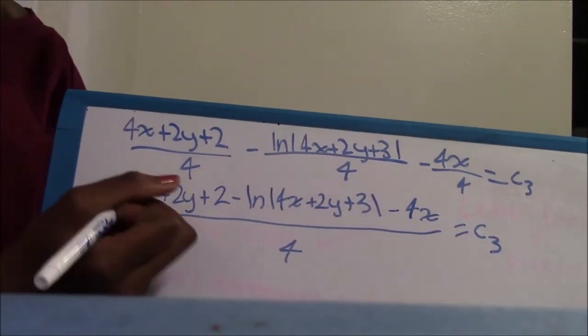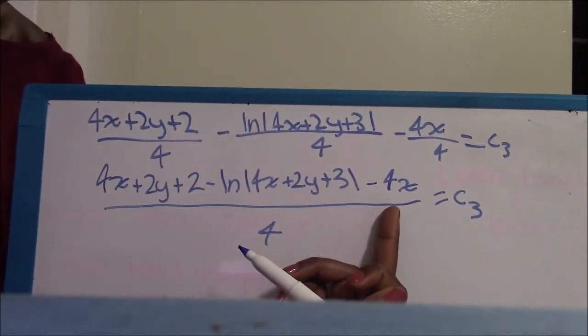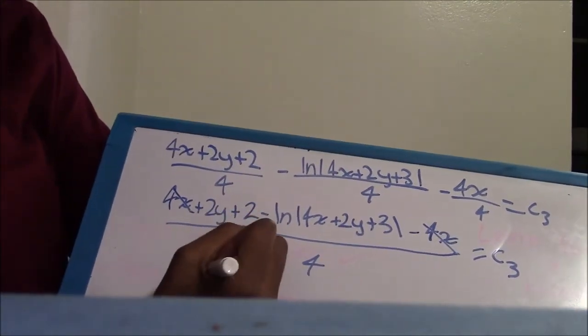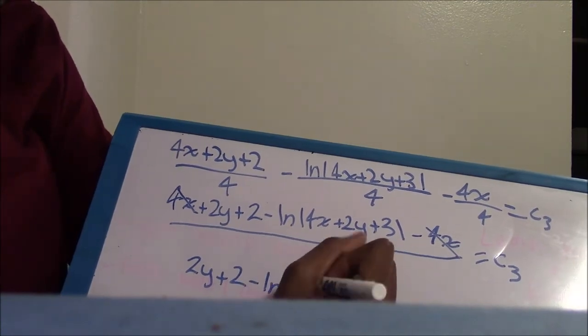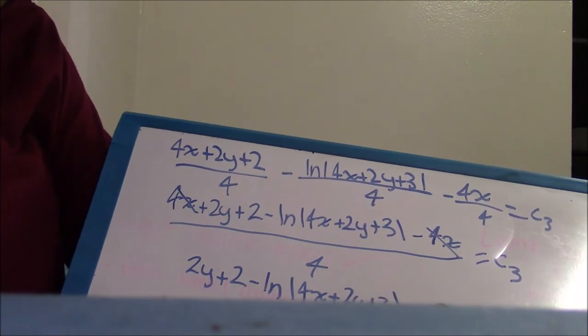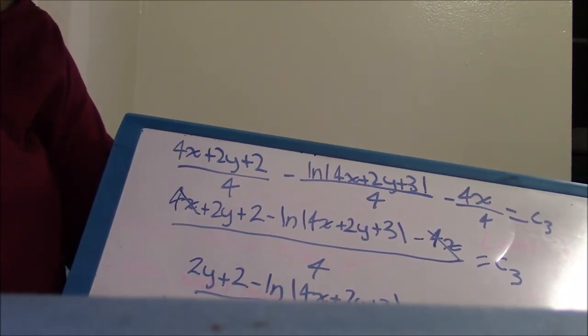And now we can see that the 4x is crossed out because this is 4x and this is negative 4x. So now we just have 2y plus 2 minus the ln of the absolute value of 4x plus 2y plus 3. All of that over 4 equals C3.